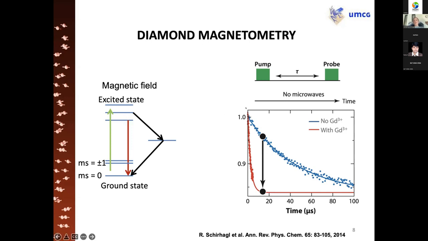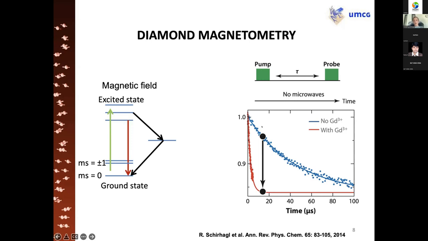And that's exactly what we do here on the right side. We apply a laser pulse. We make the NV centers bright, and then we probe after a certain amount of time whether the NV center is still there. If there are no radicals present, or in this case gadolinium, which is a contrast agent in MRI, then this takes a very long time.